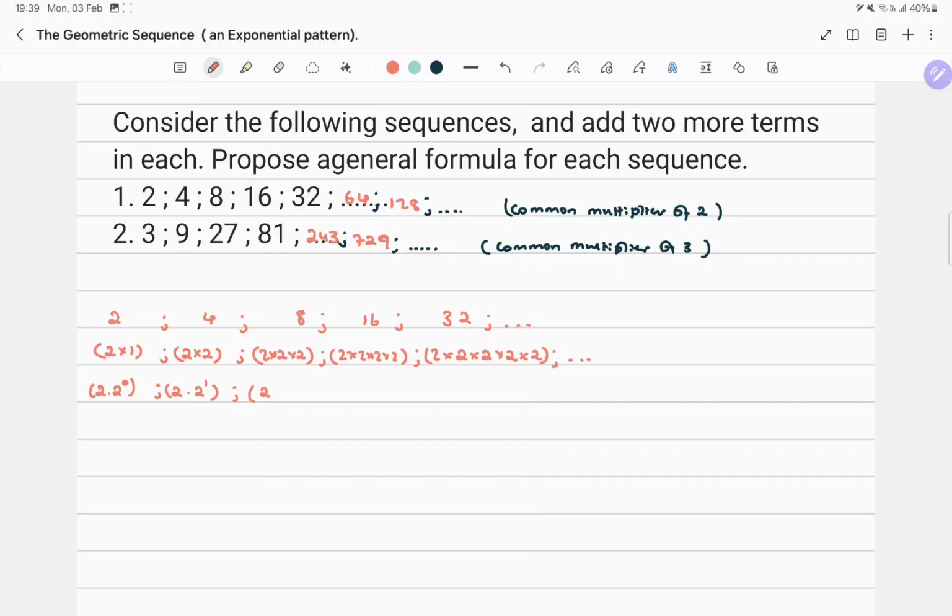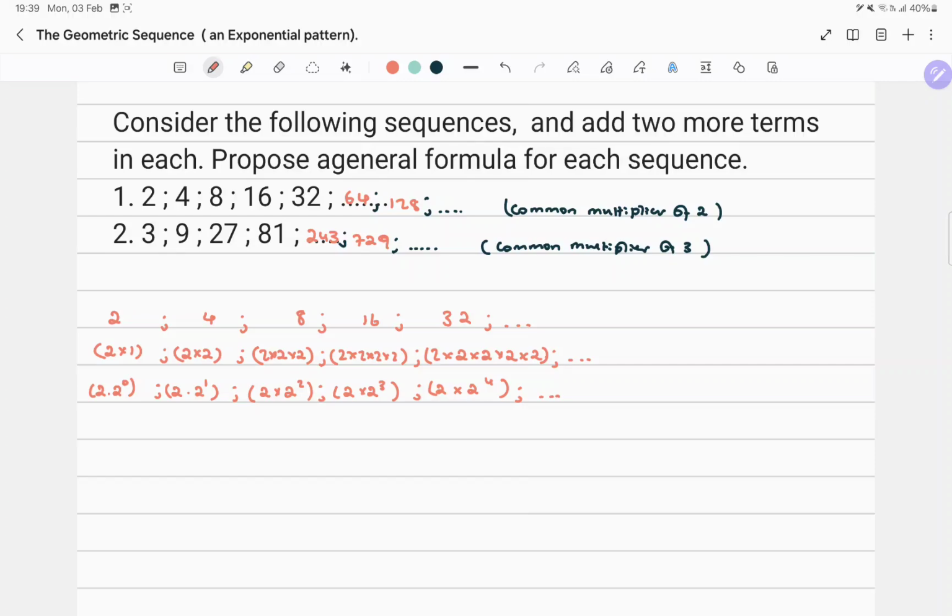This is 2 times 2 squared, okay? This is 2 times 2 cubed. This is 2 times 2 to the exponent 4. And then this keeps on going like that.